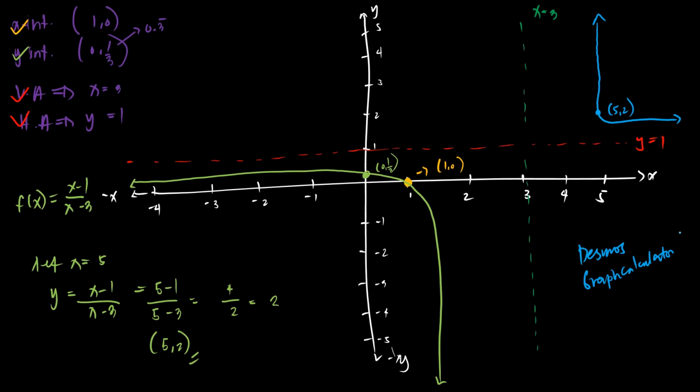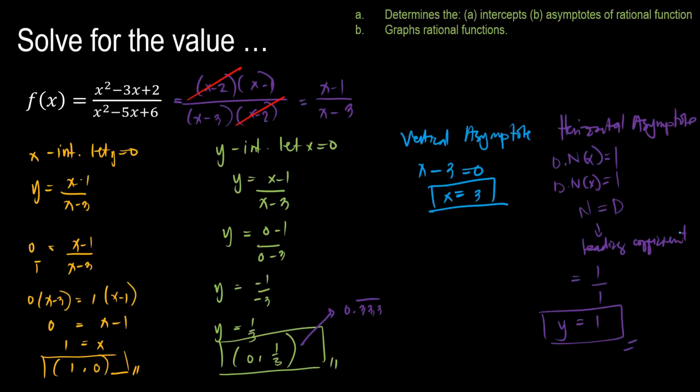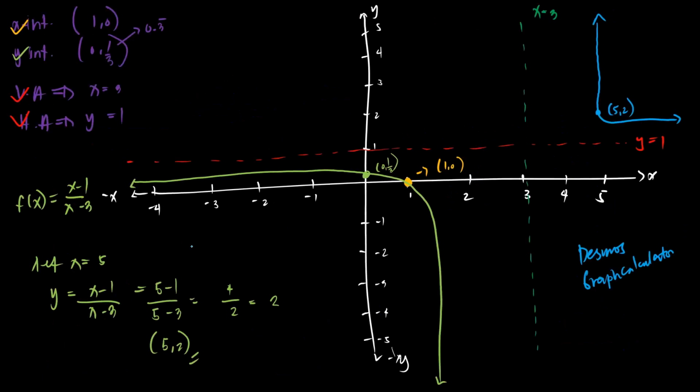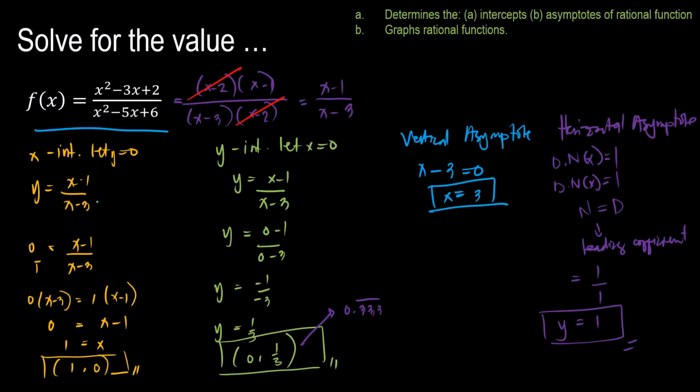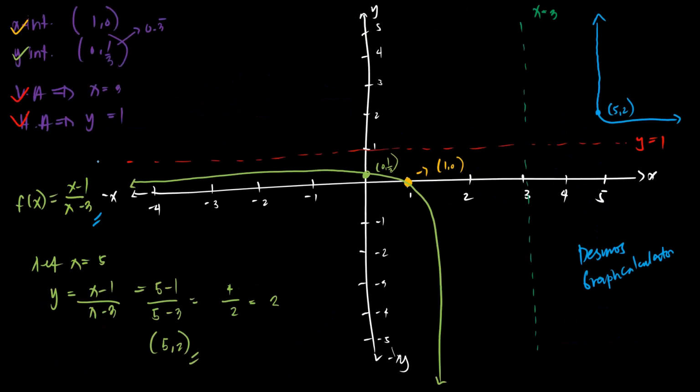But here, class, kapag nag-input kayo ng function dyan, you have to make sure na ang i-input nyo is yung original. Okay? Huwag nyo i-input to. Babalik kayo dun sa original pag i-input nyo yung gusto nyo makita yung graph ng rational function nyo. Basta pag pupunta kayo ng Desmos graph calculator, sa online to class, ang i-input yung function is yung original.